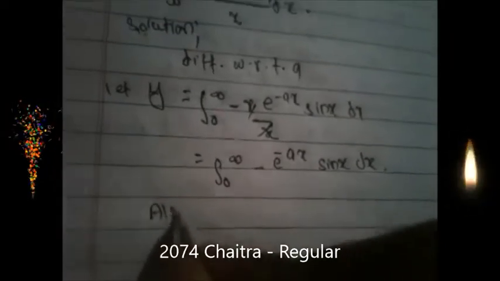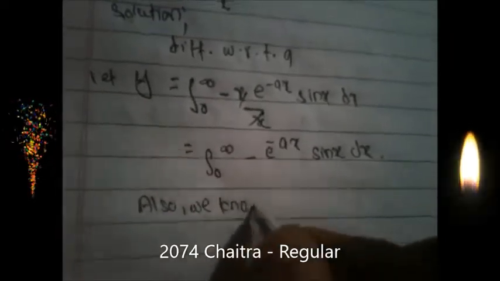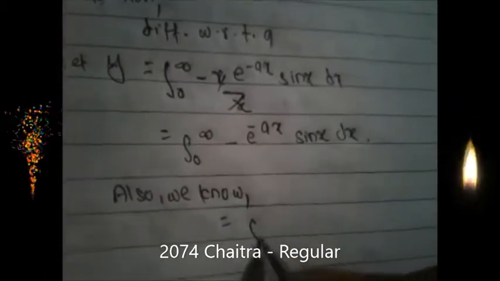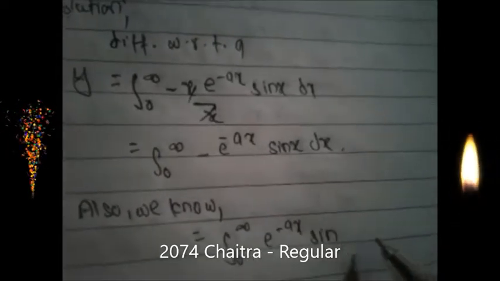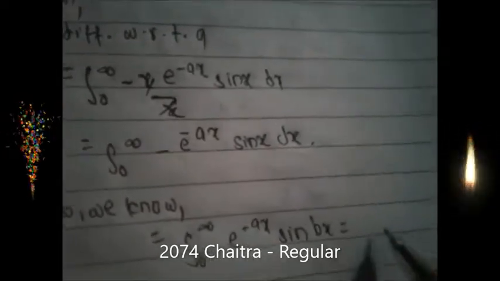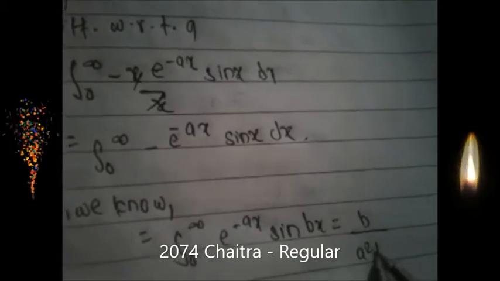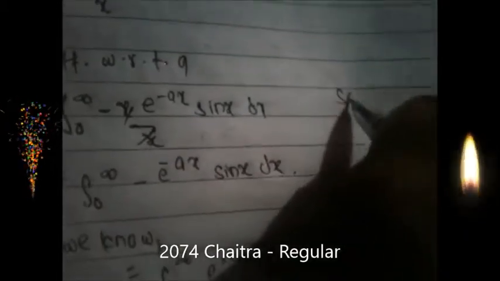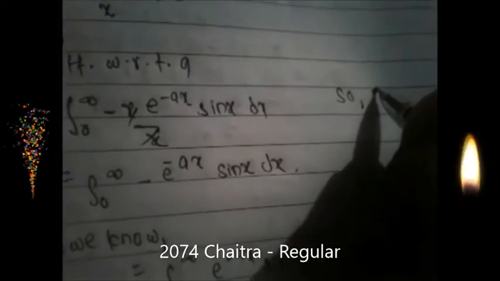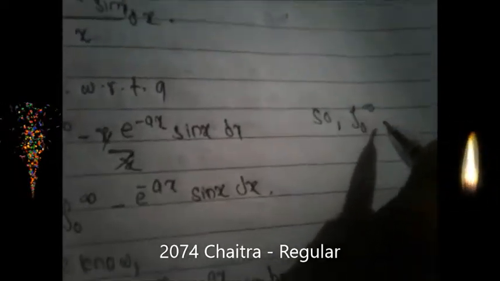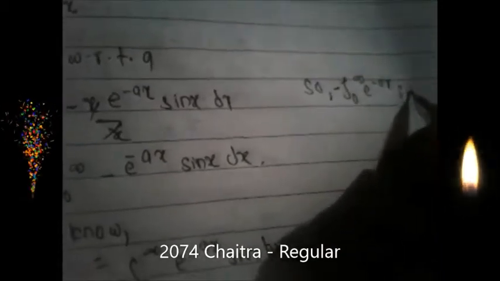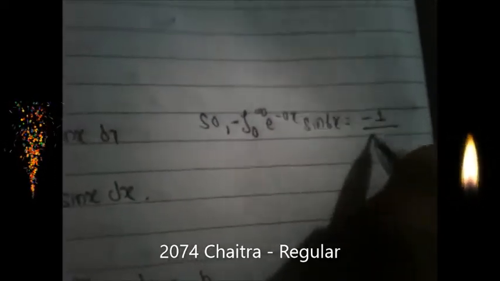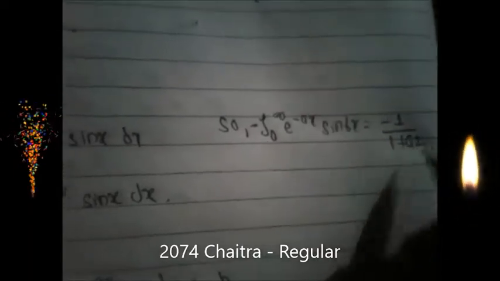Also we know that the integration from 0 to infinity of e to the power minus ax sin bx is equal to b by a square plus b square. So we can write the integral from 0 to infinity of minus e to the power minus ax sin x is equal to minus 1 upon 1 plus a square.